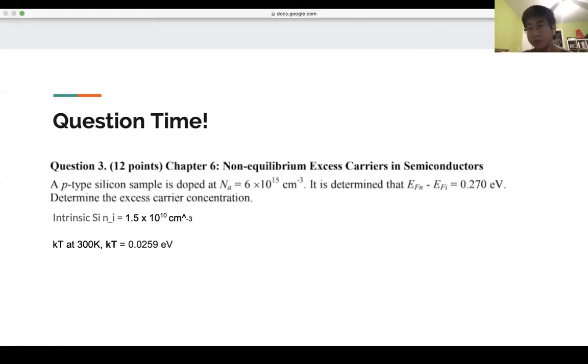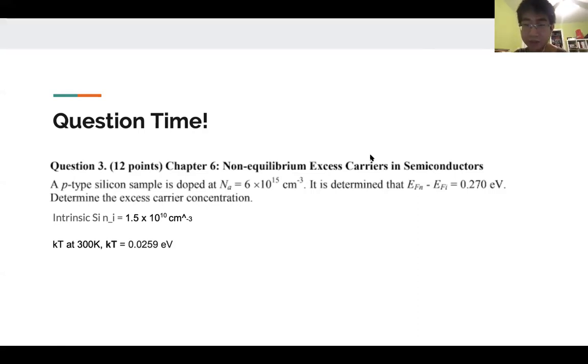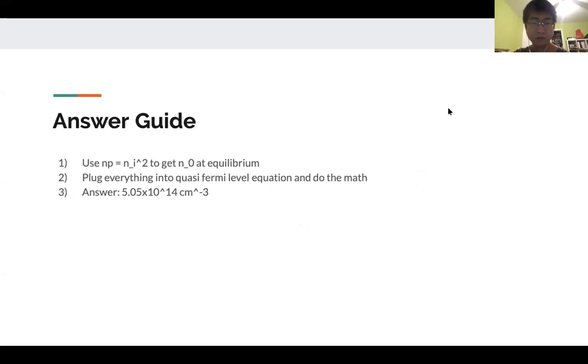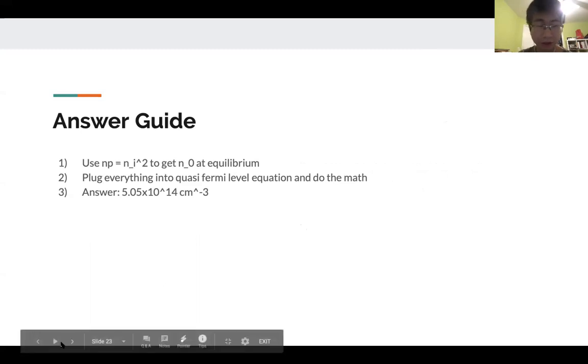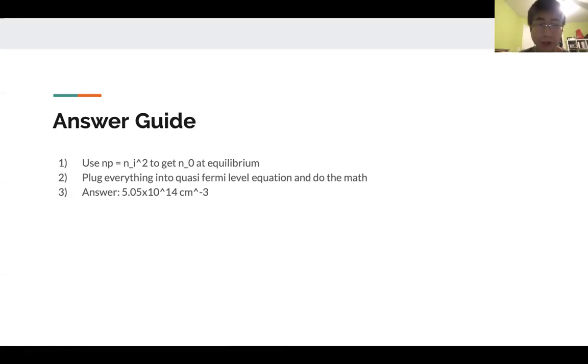Yep, the answer in the chat is correct. So how to solve it? You use the NP product to get N naught at equilibrium. We know that because we have acceptors, we can set our P at thermal equilibrium as NA.